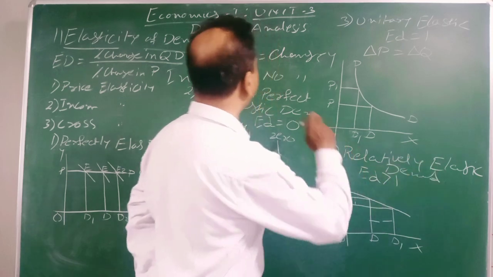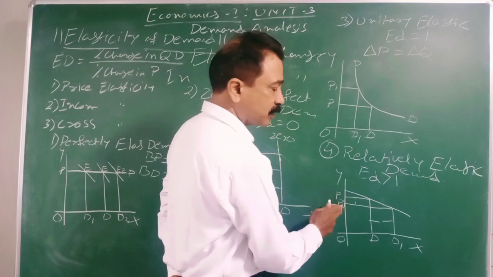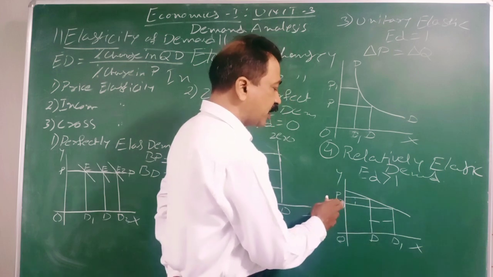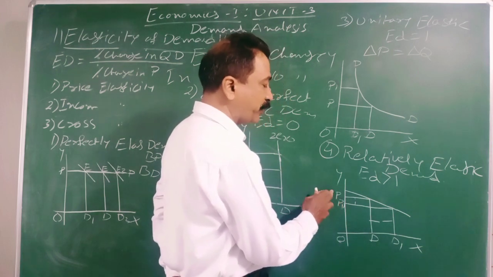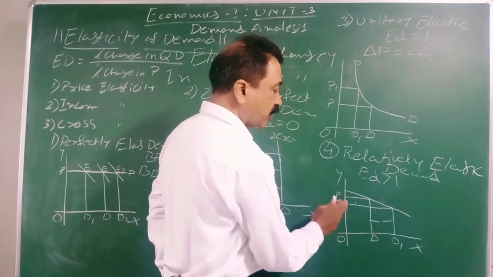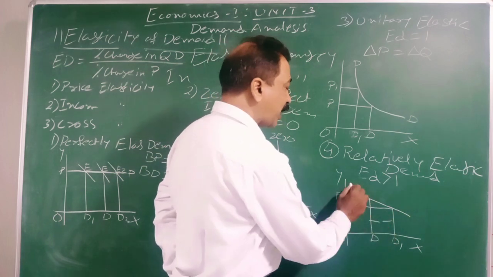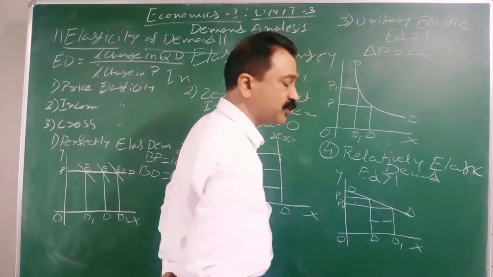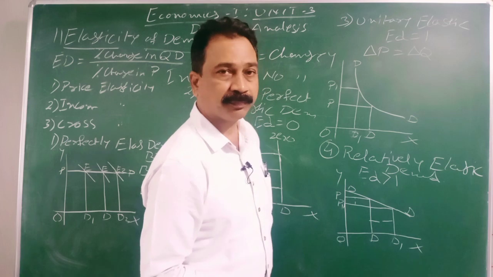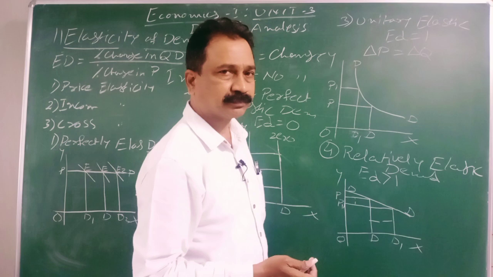Relatively elastic demand, relatively more change in the demand. Price change is 10%, but demand change is more than 10%. If price increases from P to P1, demand changes from D to D1, and the change is greater. If price decreases from P1 to P, demand increases from D1 to D. Whatever happens, the change in the demand is greater than the price change. Elasticity of demand is greater than 1. If this is 20%, this is going to be 40% or greater.